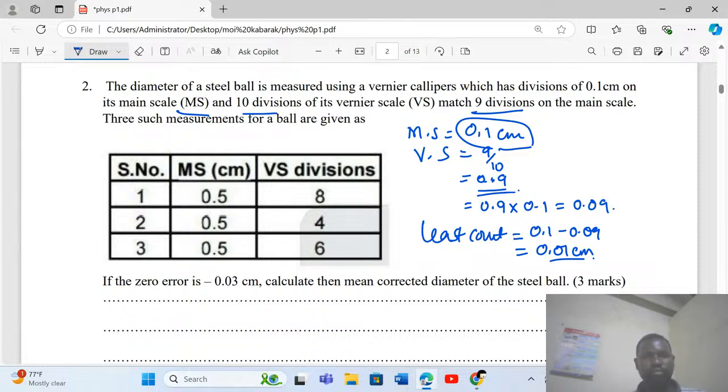Therefore, we have all this, and then we are told that it has a negative error. Calculate the mean corrected diameter of the steel ball.